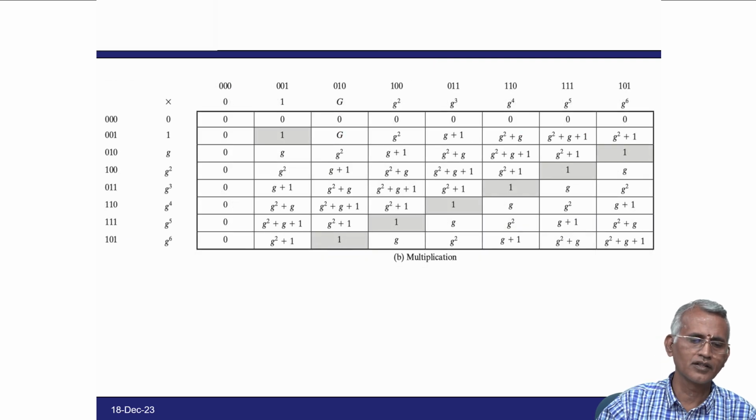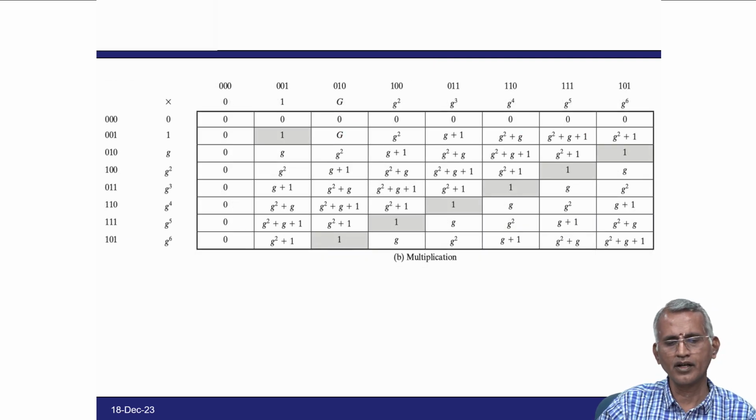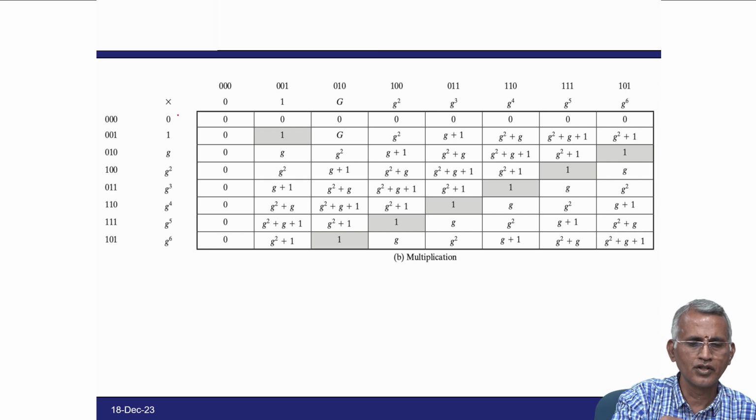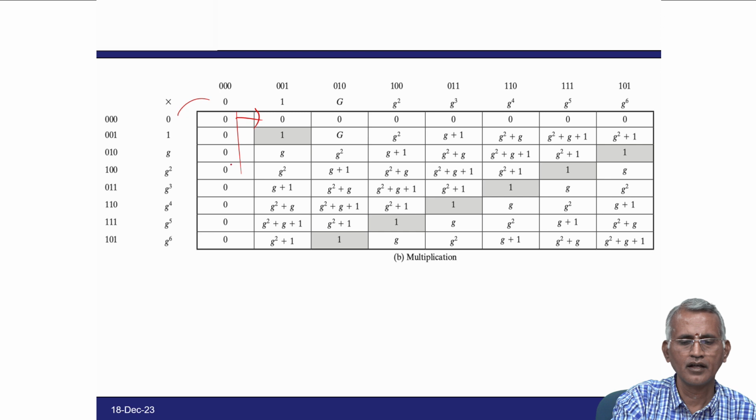And for multiplication also you have to use the same technique. Already we explained that 0 into 0, everything is 0 here, and then 1 into 1, 1 into g, 1 into g square, g plus 1, everything 1 into the same thing will come.